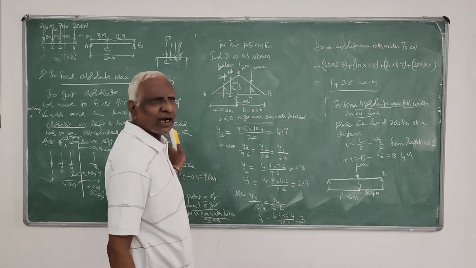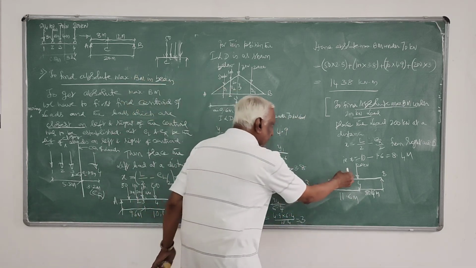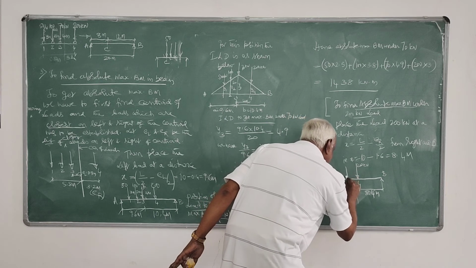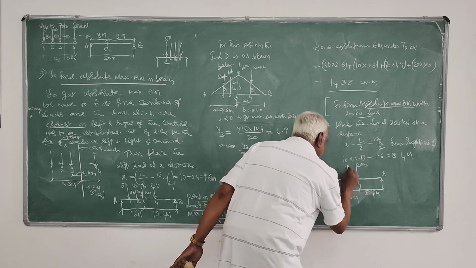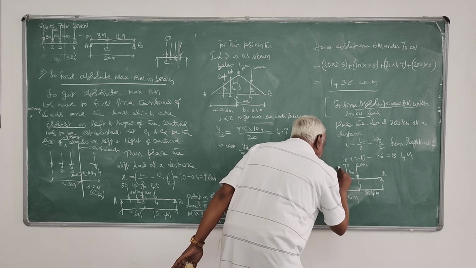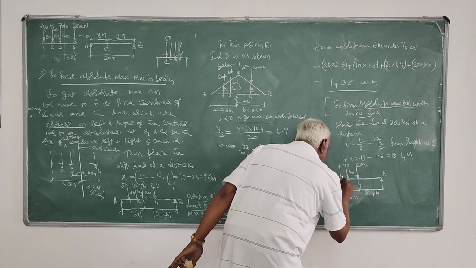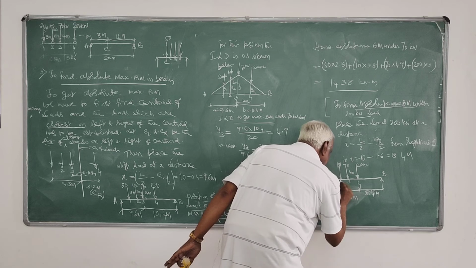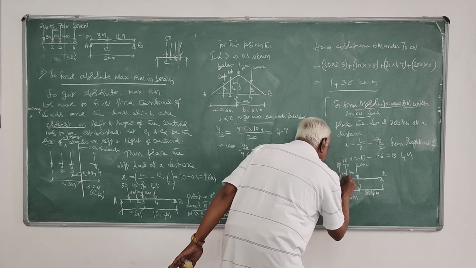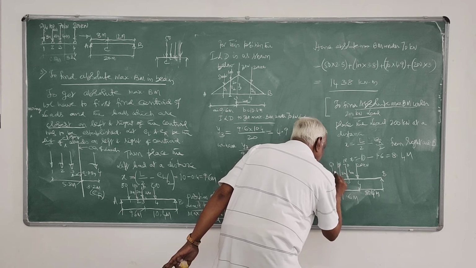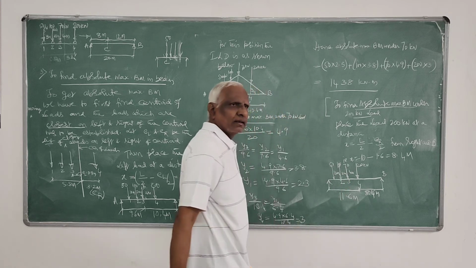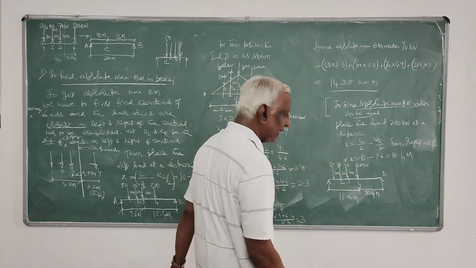Now we can arrange the other loads. From here, load 3 is at 4 meters, that is 70, then load 100 at 2 meters, then load 50 at 3 meters. Right? You arrange it like that.